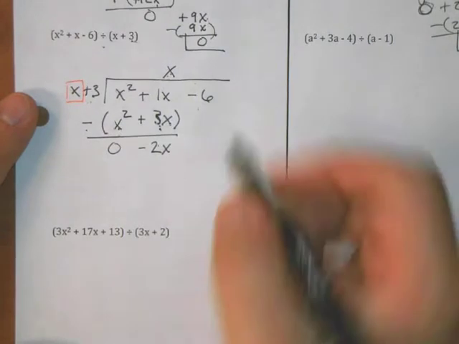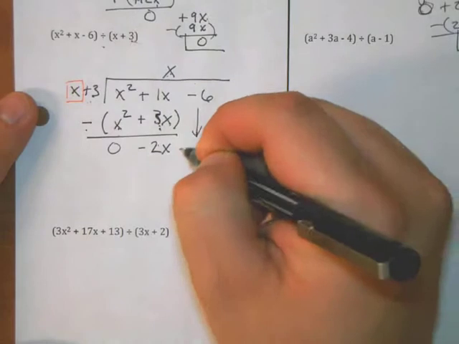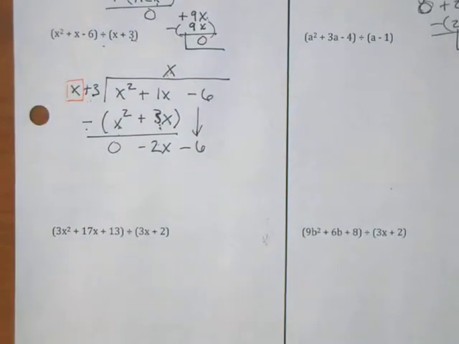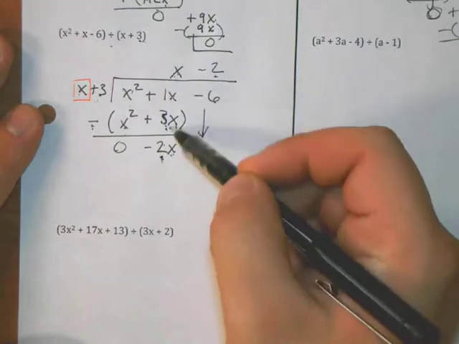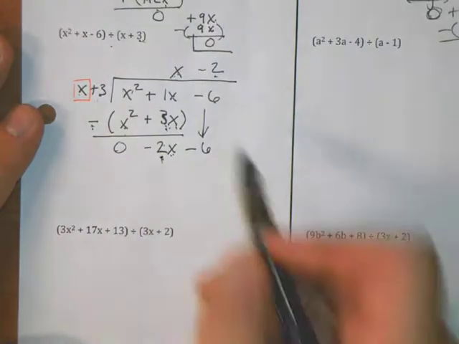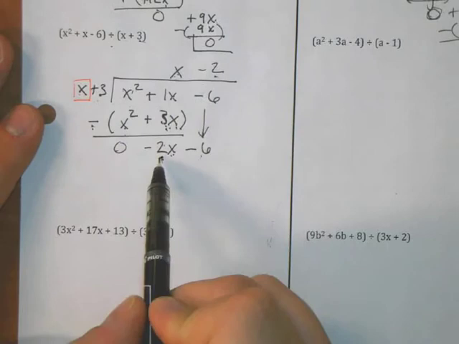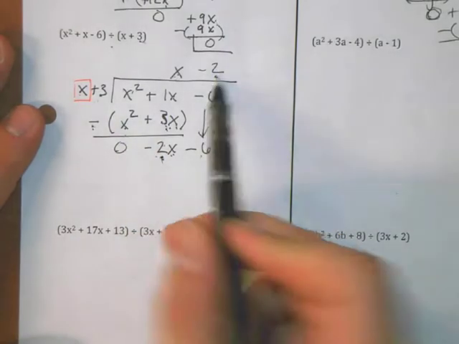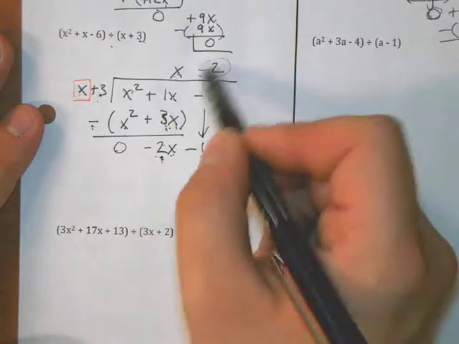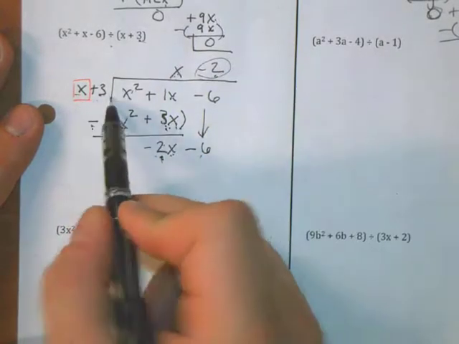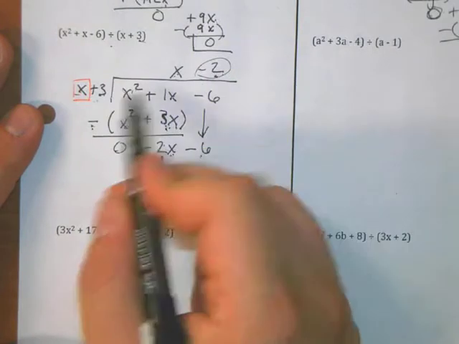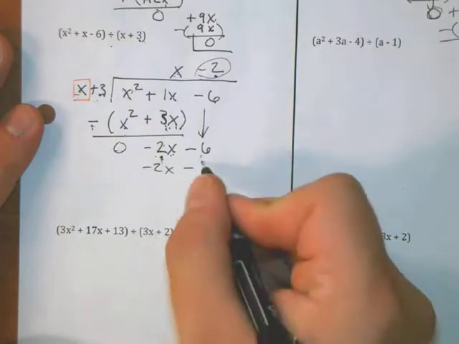Okay, what do we do next? Just a second, Kennedy. I'm anticipating your question about what we do next after the subtraction. Then we brought down. Then we repeated. We said what times x is negative 2x, negative 2. So we multiply negative 2 by each of these. What's negative 2 times x? What's negative 2 times 3?